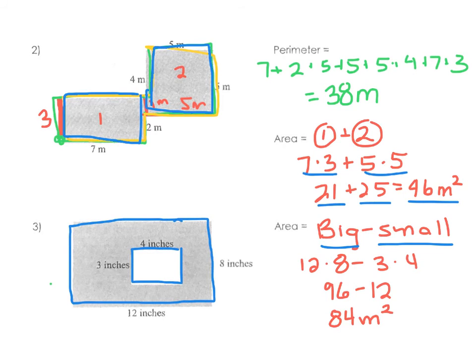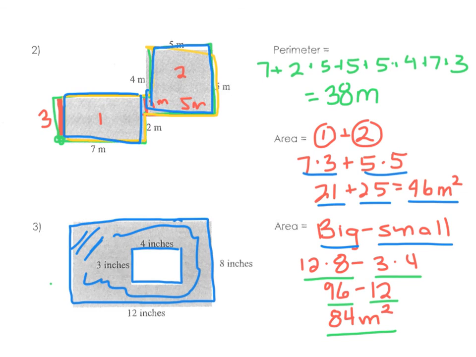Well, you would have to paint the entire big rectangle, but then you wouldn't have to paint that white spot. So you'd be subtracting that small rectangle from it. So the dimensions of the big rectangle were 12 by 8, and I subtracted from that 3 by 4. So it's 96 minus 12, or 84 meters squared.